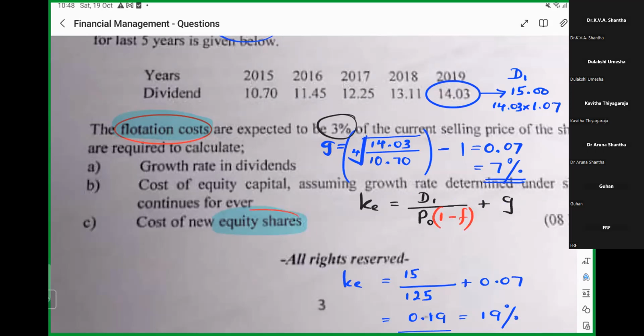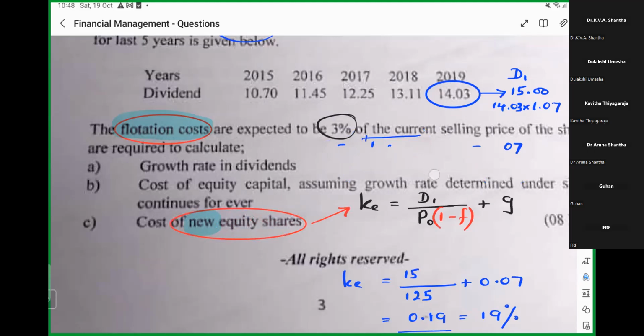This is how you get the cost of new equity shares.